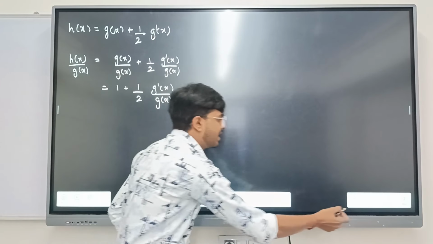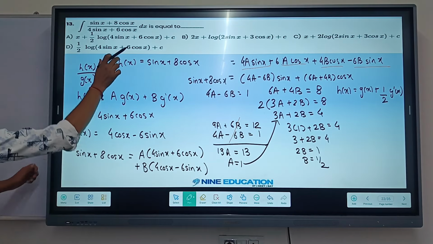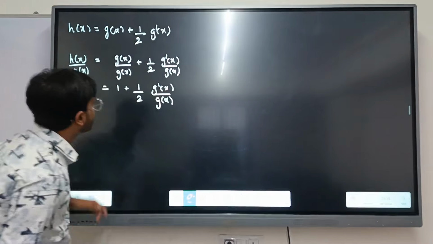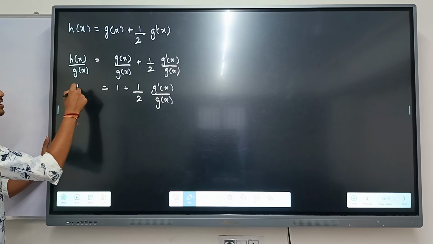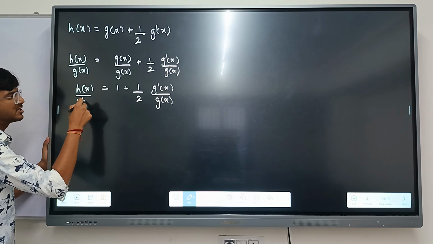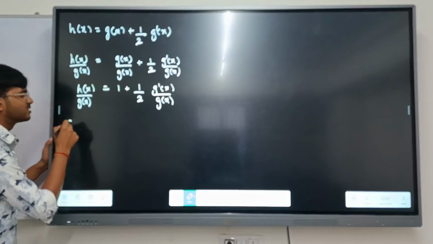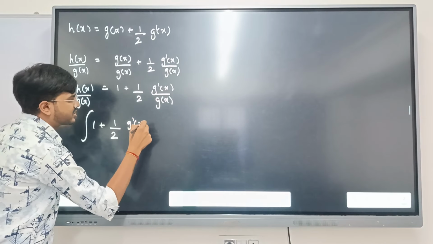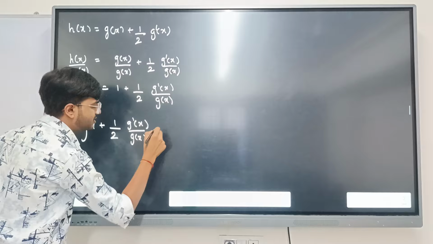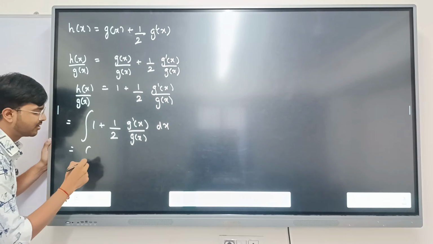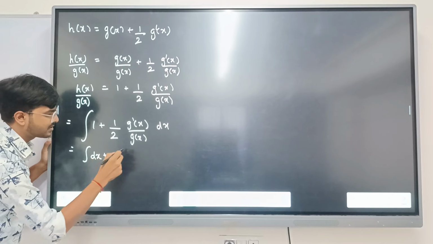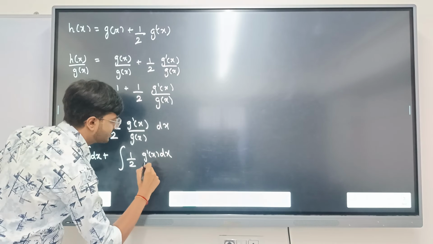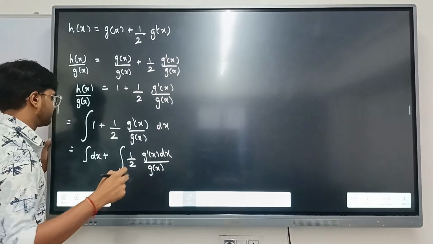Now in the question, what is asked of you? The integration of h of x by g of x. So instead of h of x by g of x, I can substitute this whole thing. So integration of 1 plus 1 by 2 g dash x by g of x dx. So this will be equal to integration dx plus integration 1 by 2 g dash x dx divided by g of x.